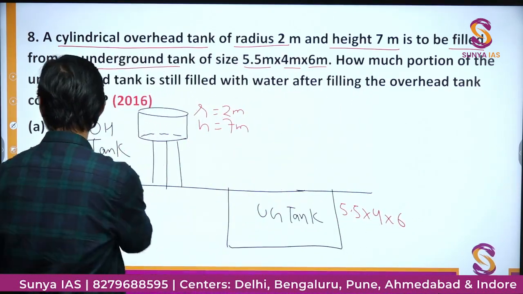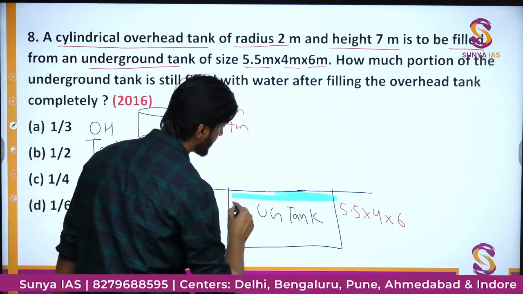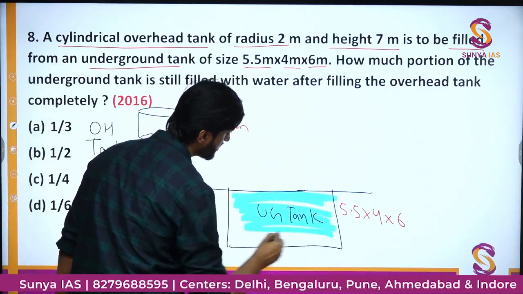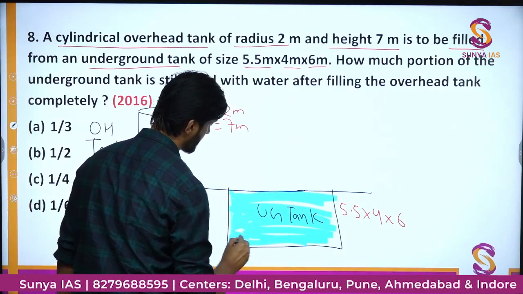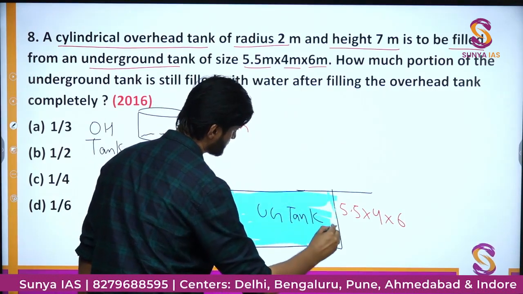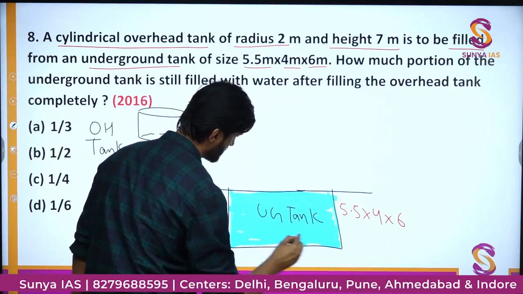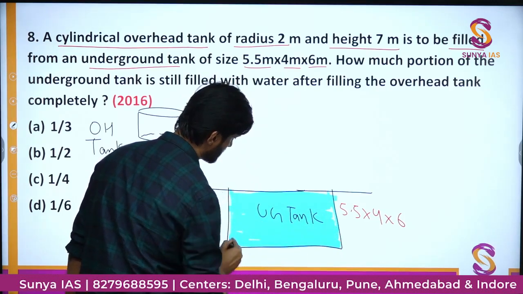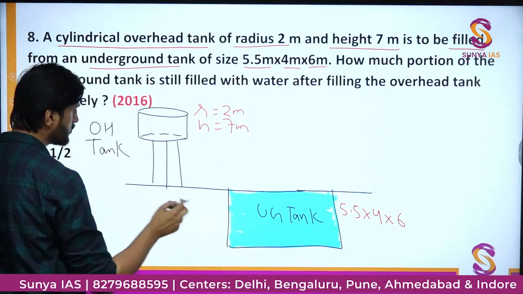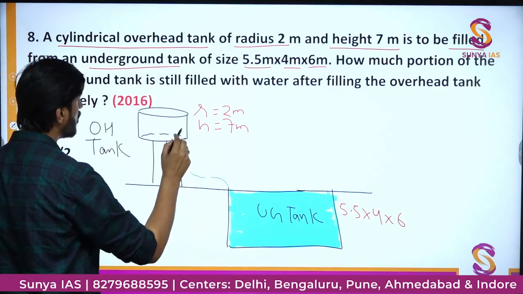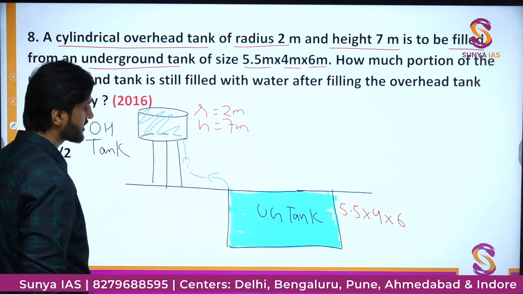So suppose there is water filled up in this particular underground tank and suppose it is full, right? And what you do now, using this underground tank, you are filling up this overhead tank with water and it is getting filled with water at some time.